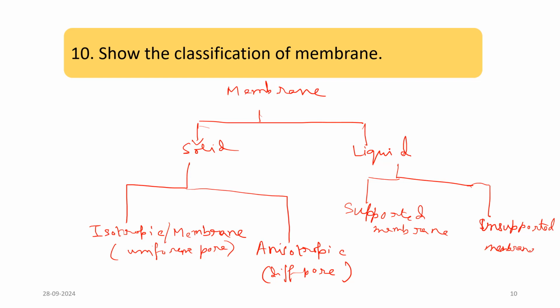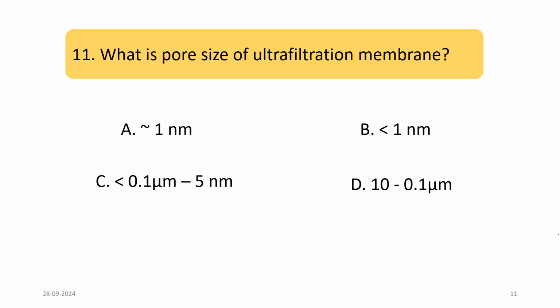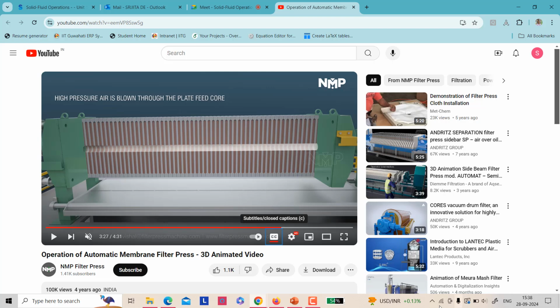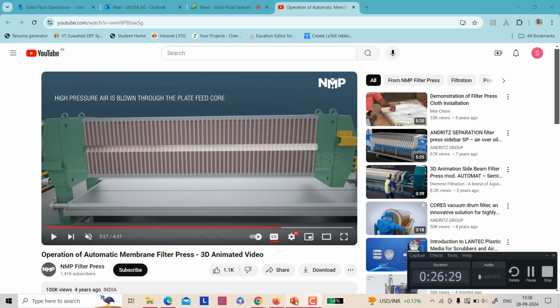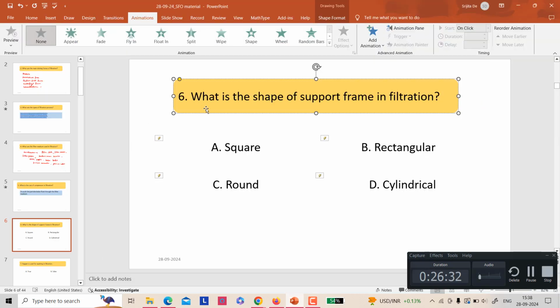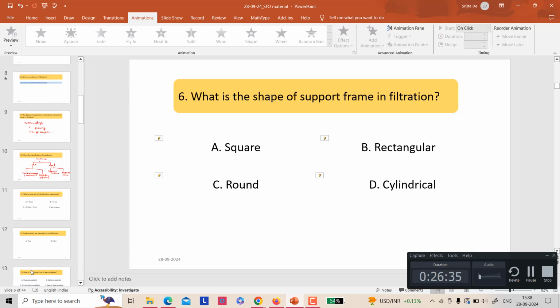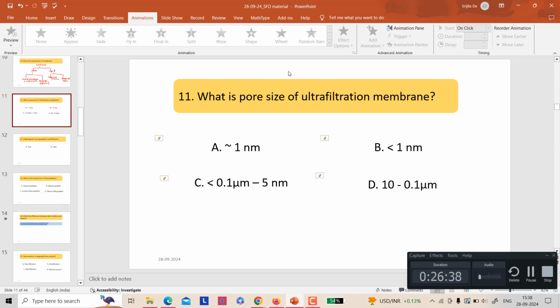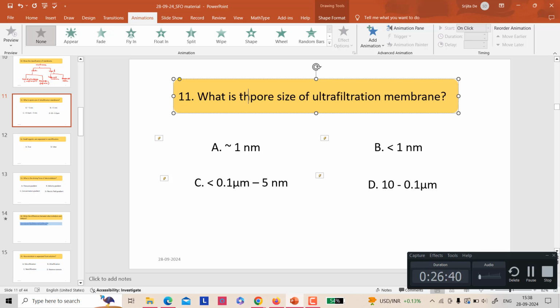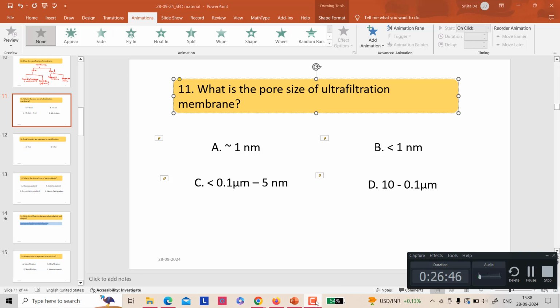What is the pore size of ultrafiltration membrane? Yes. 0.1 micrometer to 5 nanometer. So the answer is 0.1 micrometer to 5 nanometer is the ultrafiltration size.